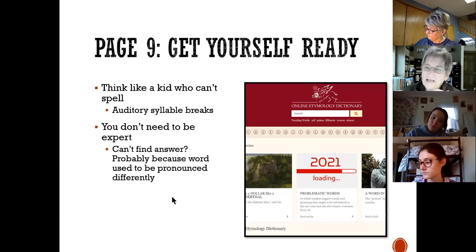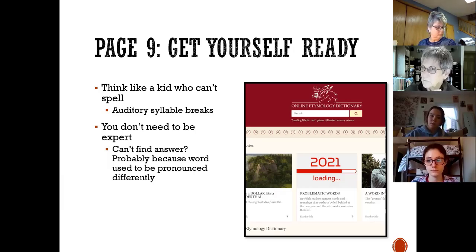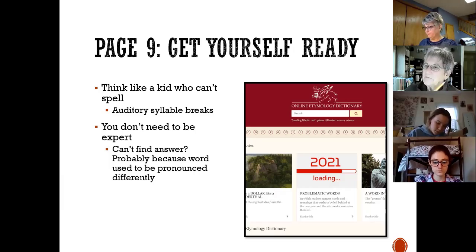Okay. The other thing is, you don't need to be an expert. If the kids come up with questions like, why isn't that following the pattern, you will see some resources, especially this online etymology dictionary, which is an awesome resource for why it's spelled differently. But if you can't find the answer, you can tell the kids, well, probably that word used to be pronounced differently.